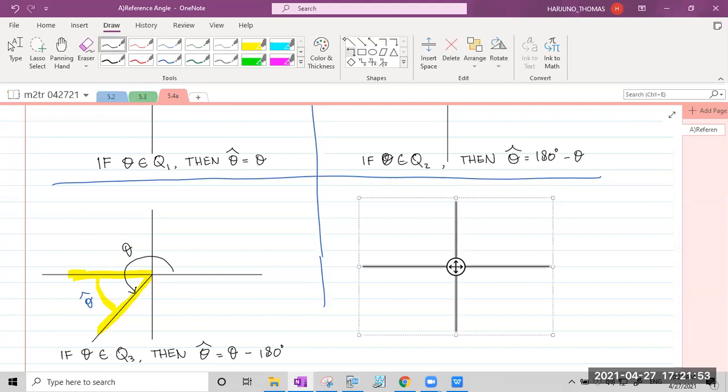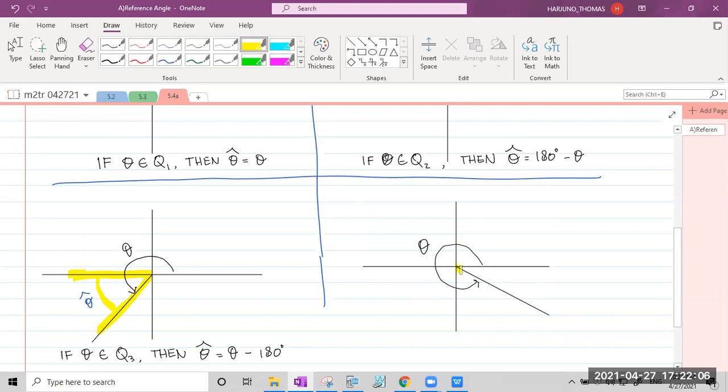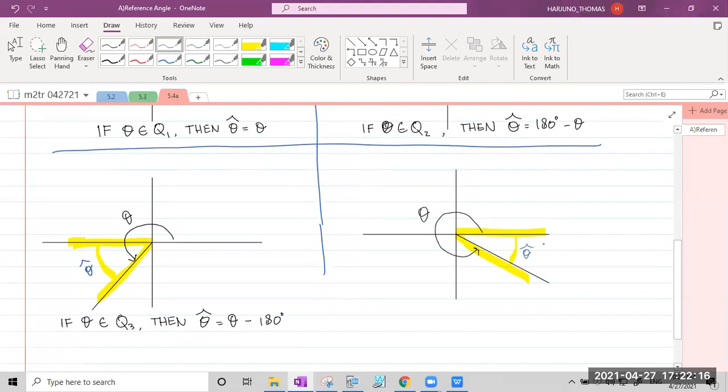If theta is in quadrant 4, then the reference angle is this angle here. Notice that theta plus theta hat is 360 degrees.